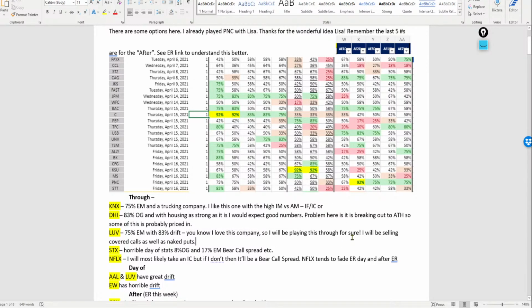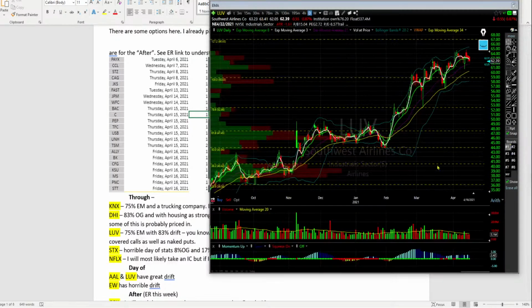So I'm going to be playing this a number of ways. I've got shares I'm going to be selling covered calls on, and I'm actually going to put naked puts out, literally to take 200, maybe 300 shares if it gaps down.